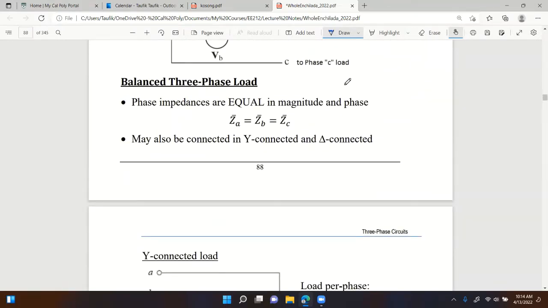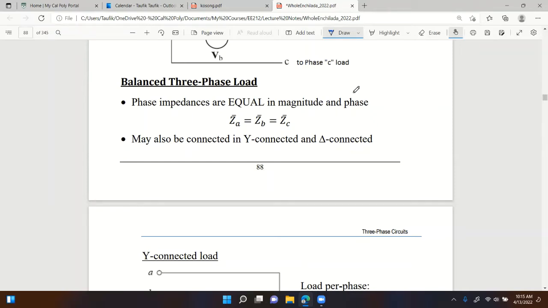Now, I almost forgot to also mention that the definition of a balanced impedance or balanced load would be slightly different from balanced voltages and balanced currents. How is that different? For a balanced load, yes, the magnitude will be equal, just like balanced voltages and currents.